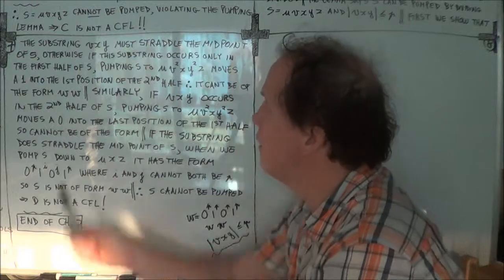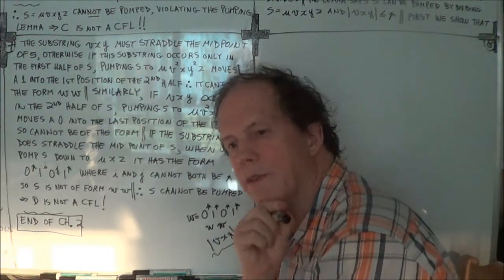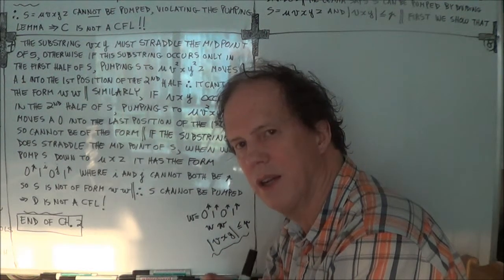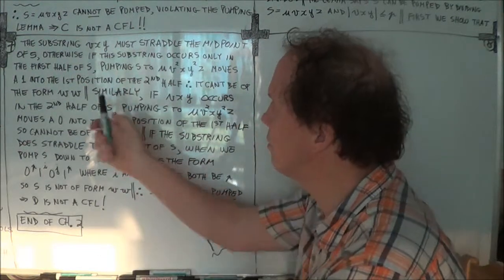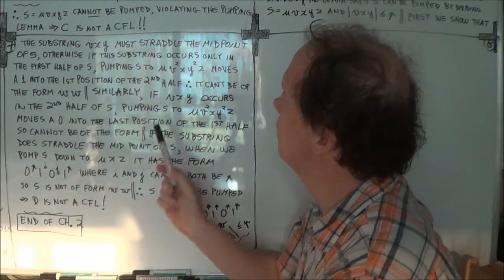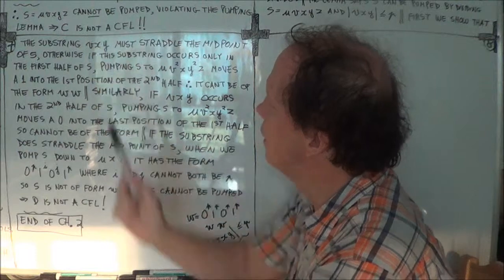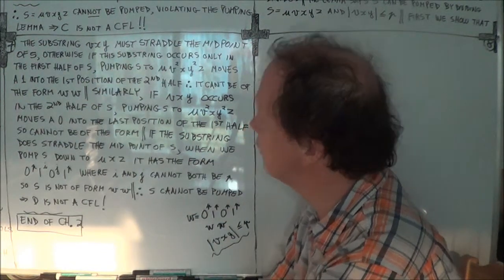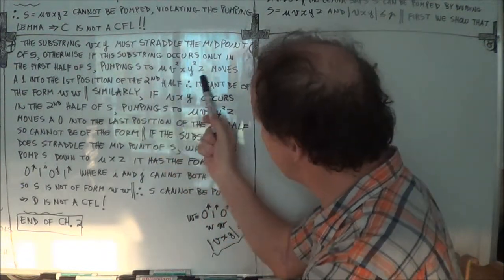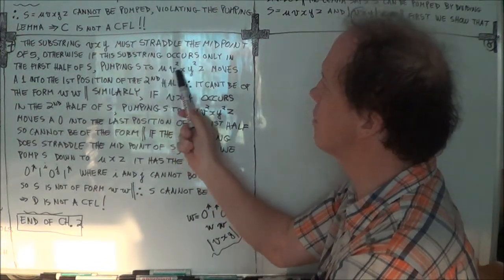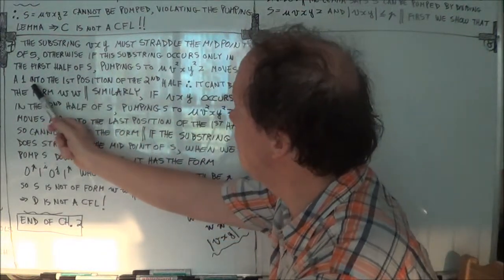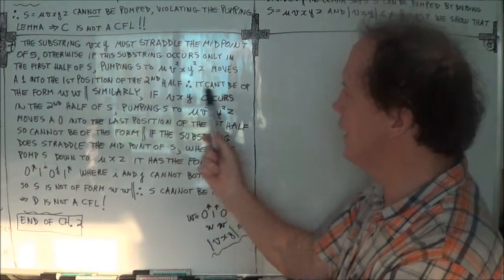Well, if this substring vxy lies totally in the left half of the string, here's what I ask you to do for homework: if it lies in the left half of your string S, then pumping your string S to uv squared xy squared z has as an effect that you get a 1 in the first position of the second half.